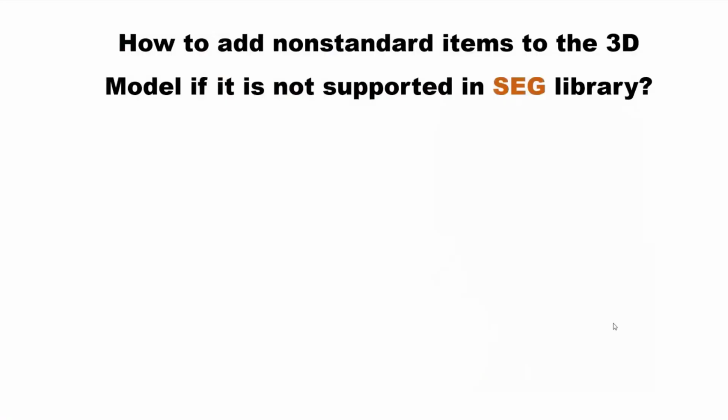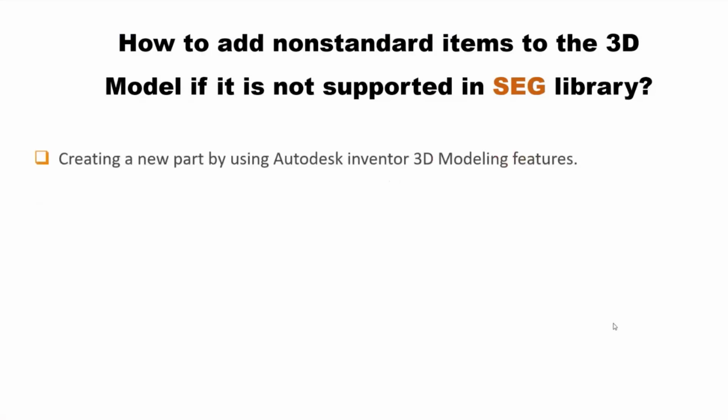Okay, now let's discuss how to add a non-standard item to the 3D model which created by SEG software. Actually, we have different ways to do that. The first way, which is creating a new part by using Autodesk Inventor 3D modeling features.